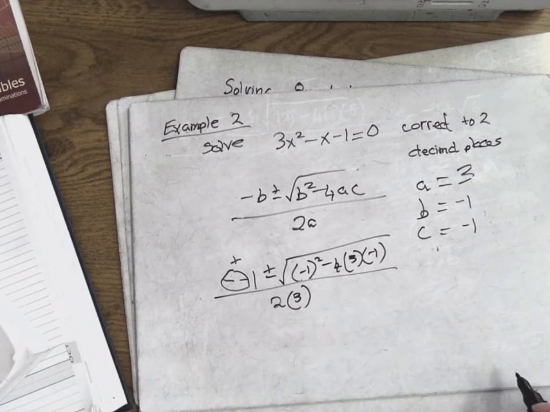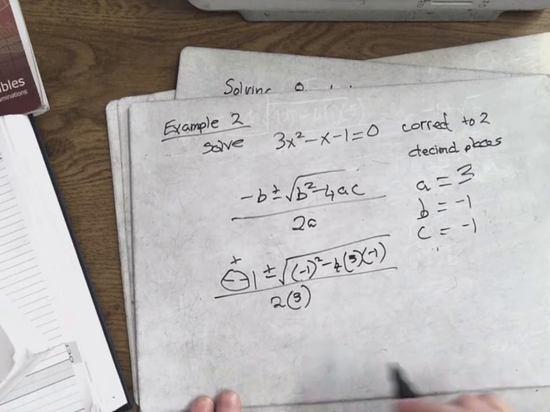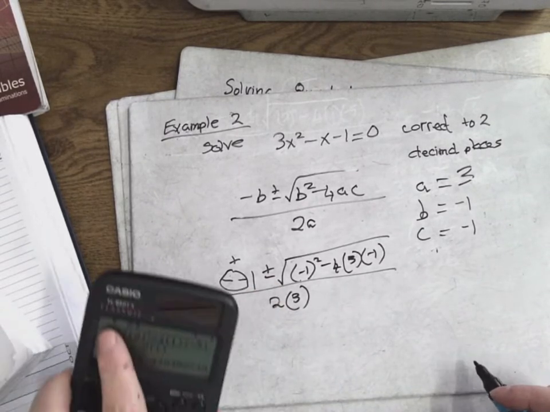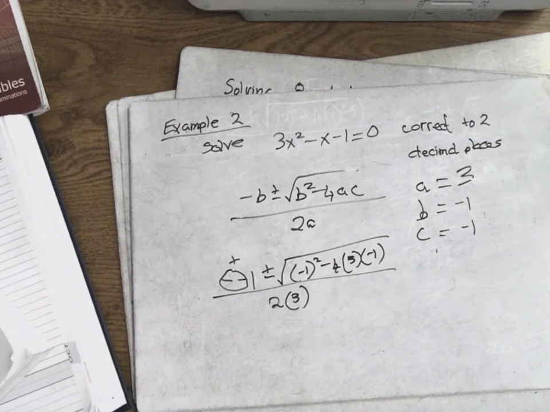So as I say, put all of that into the calculator and pick the plus, right? So into your calculator, press the fraction button first, right? And then you're putting 1, and put the plus first, square root of minus 1 squared minus 4ac, and then underneath your line, put 2 bracket 3 and then press equals, right?